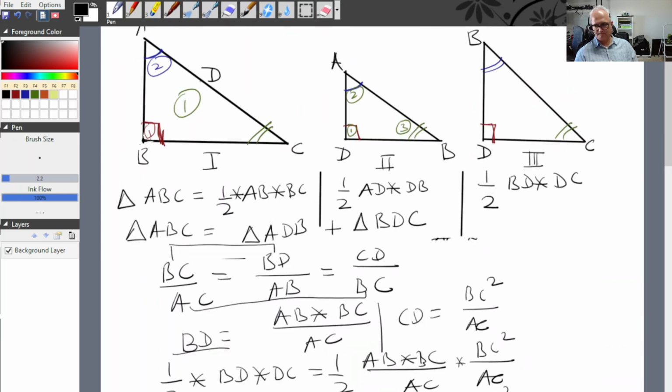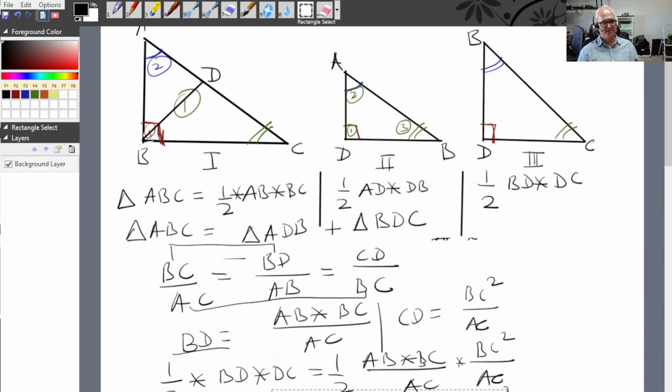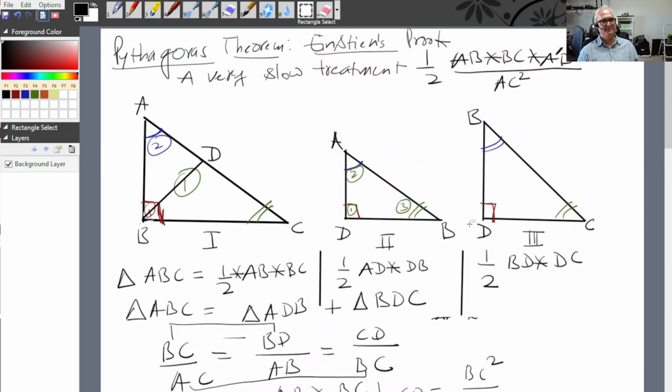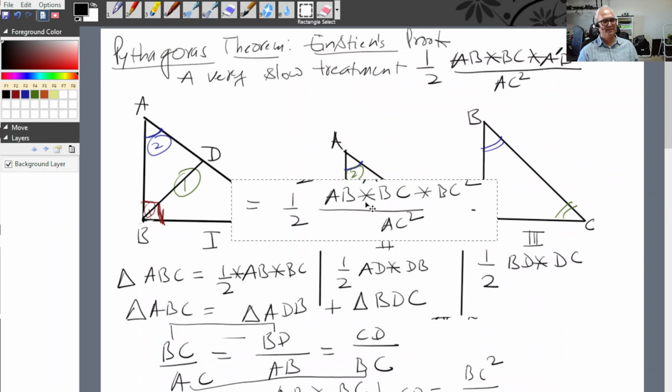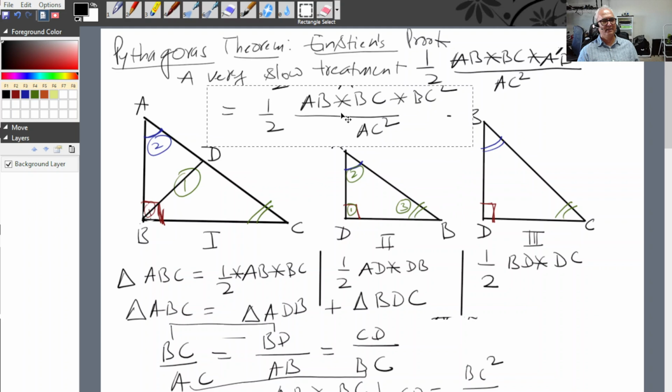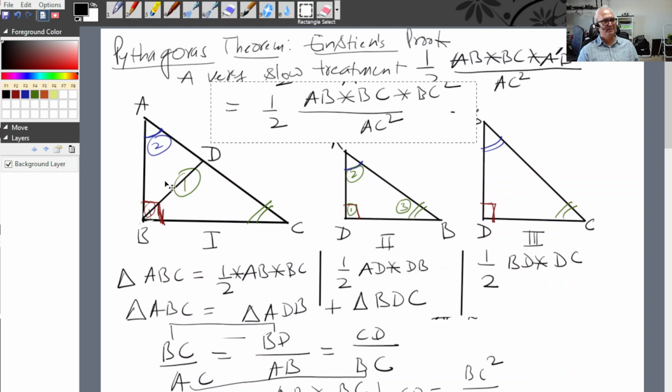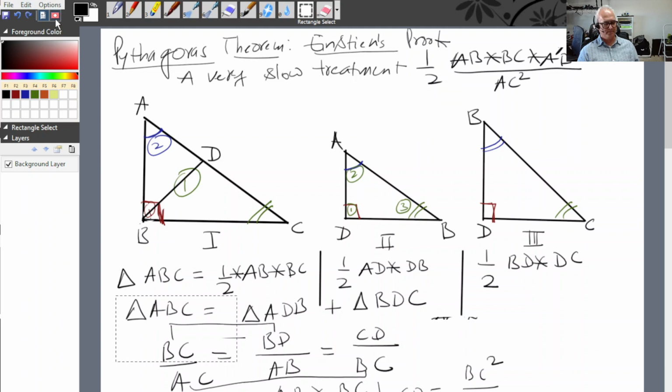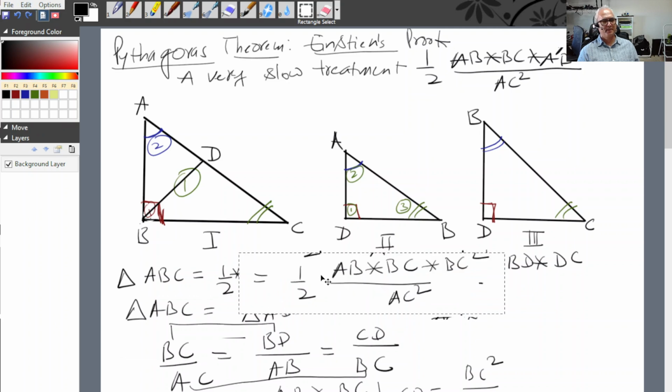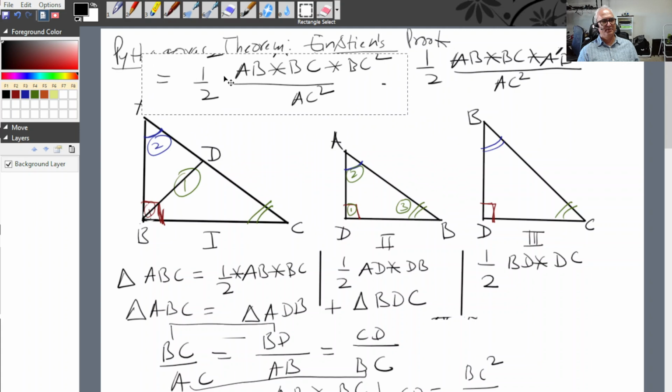Now let me draw this line again, and let me move this above for safekeeping. Okay, let me put it here.